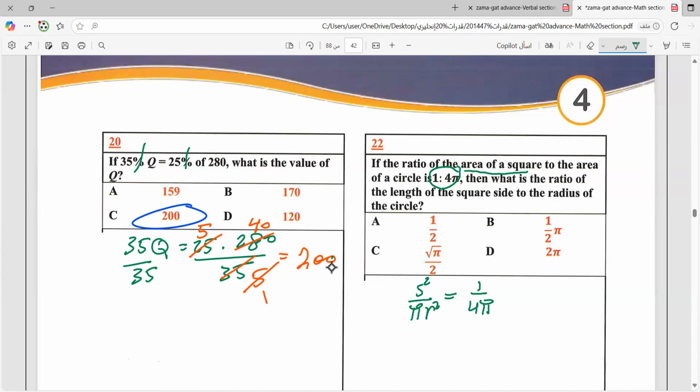We need the square side to the radius, so we take the square root. Isn't it 1 over 2 pi? Yes, because the square root of 4 is 2, and the square root of 1 is 1.